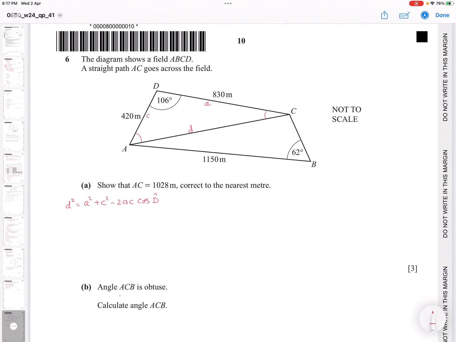Small d is length AC. You can write AC squared equals 830 squared plus 420 squared minus 2 times 830 times 420 times cos of angle 106.